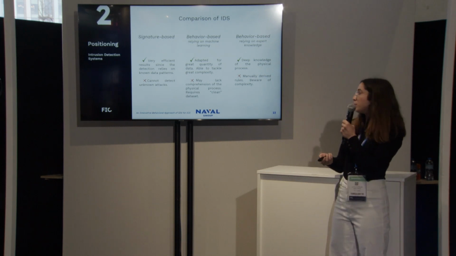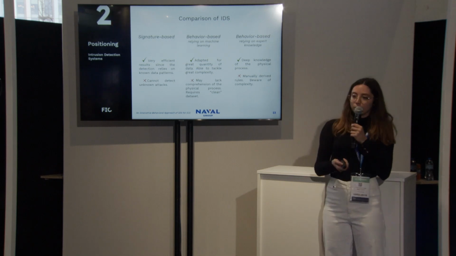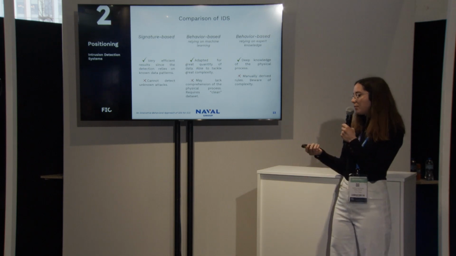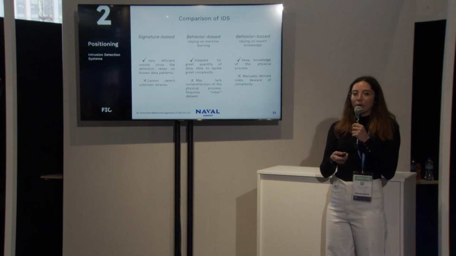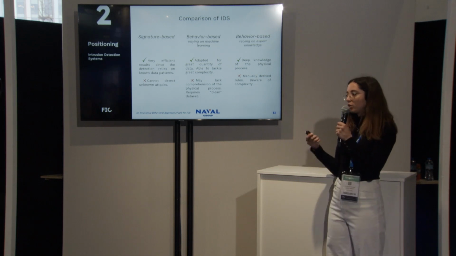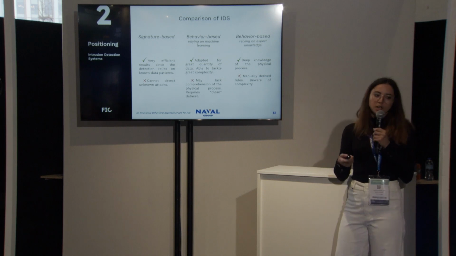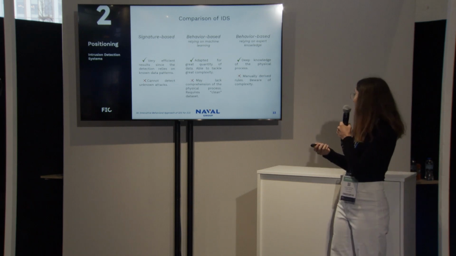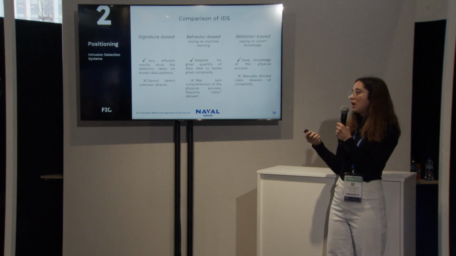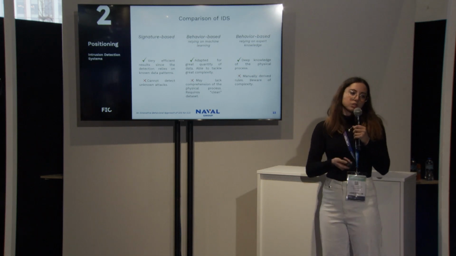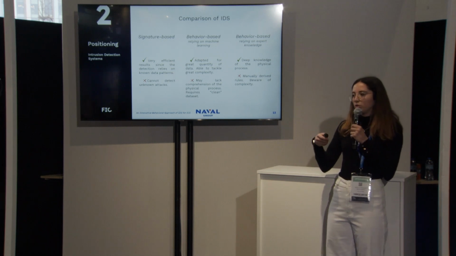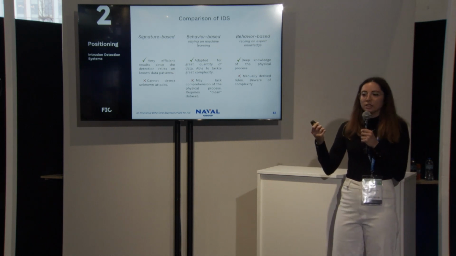On the side of behavior-based IDS relying on expert knowledge, this time you have a really deep knowledge of the physical process, but the main drawback is that the rules are often manually derived. Also, you have to be careful with the complexity, because sometimes this kind of system is not able to scale to bigger systems.